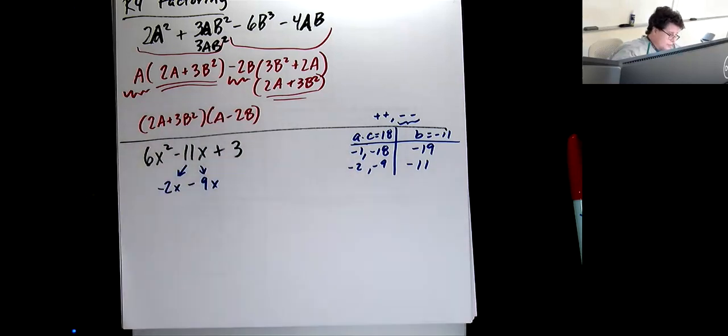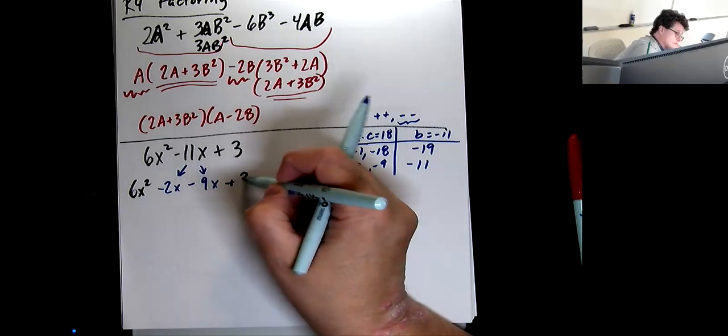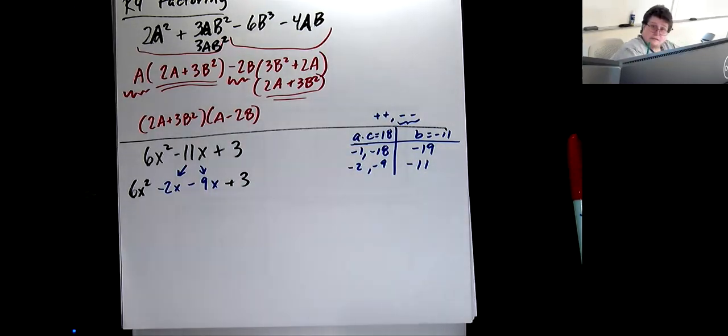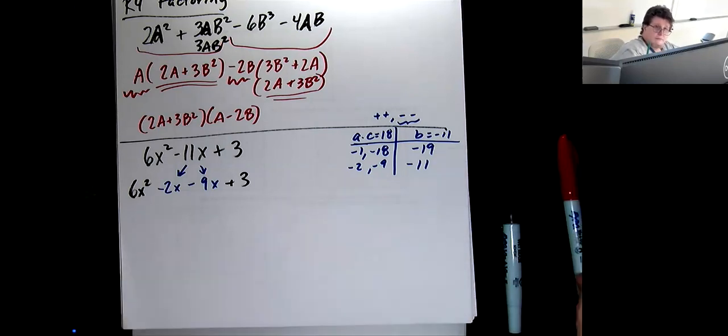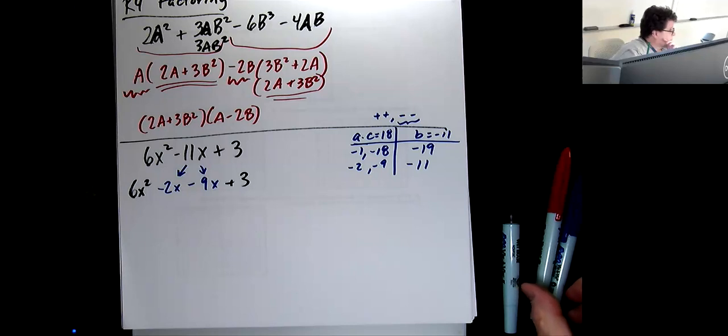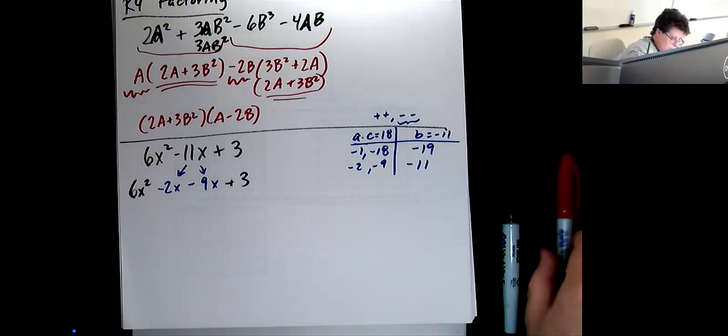And we'll bring our 6x squared and our 3 down. So we do grouping again.